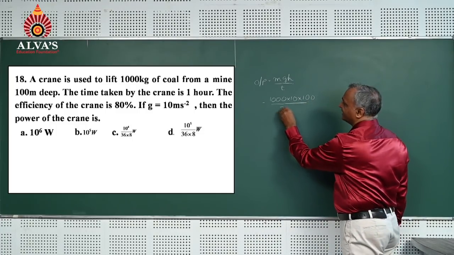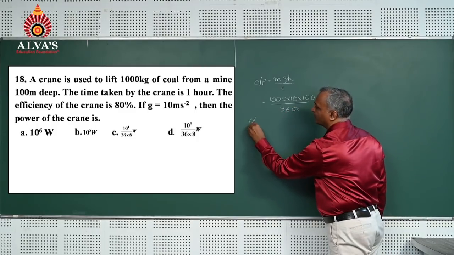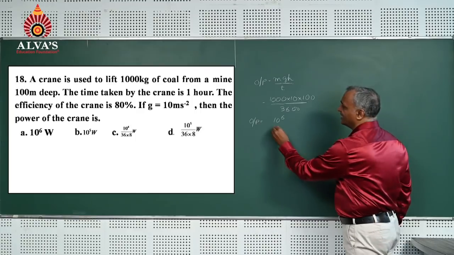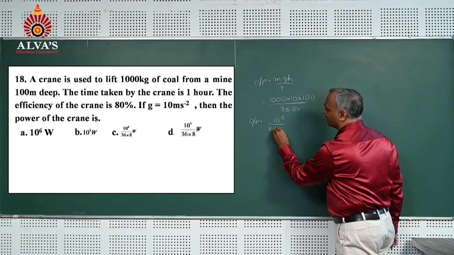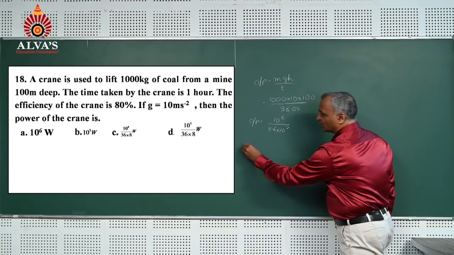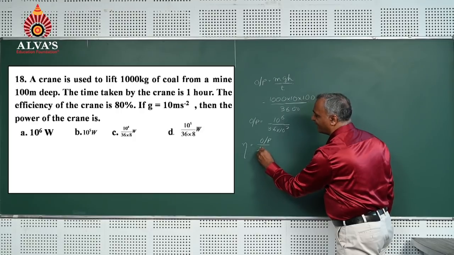So it is 3600 I can write. And so the output power from the crane is, I can write it as 10 to power 6 divided by 3.6 into 10 to power 2. I'll write it like this. And also efficiency is equal to output power divided by input power.